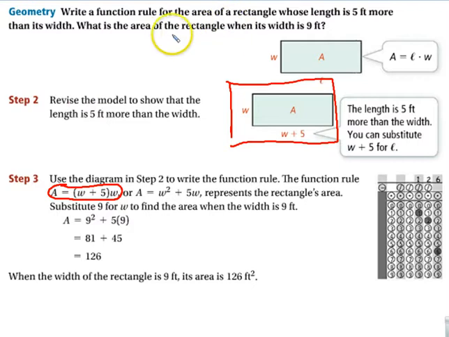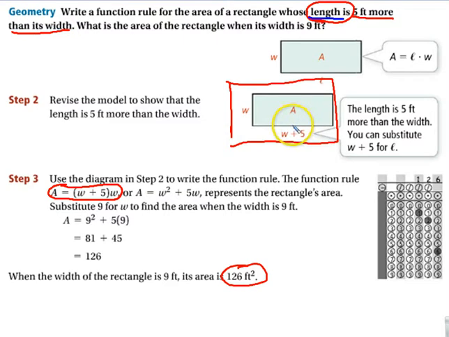It says, what is the area when the width is equal to 9? So we plug it in, and we get 126 feet squared. Just equating, what does this mean? 5 feet more than its width. Look at this part: length is. That's an important statement because it tells us that this 5 feet more than its width is going to be equal to the length, so that's why we put it here.